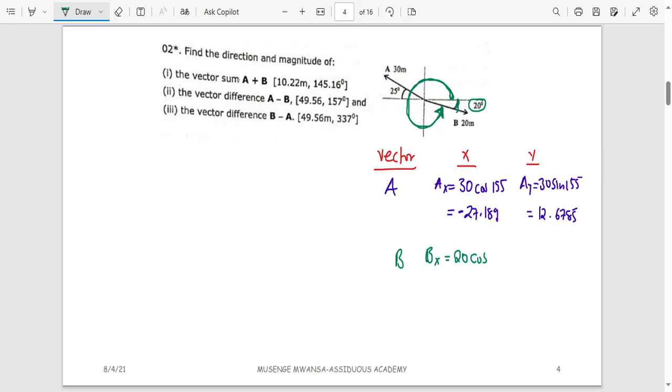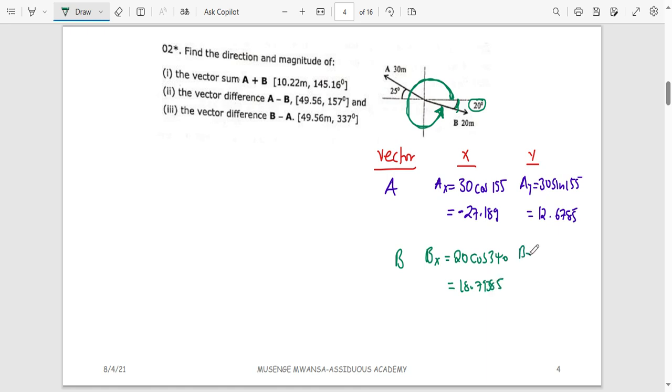Be free to open your mic and answer. Like you have a complete circle. They have given you that this gamma angle here is 20. How can you find the rest of the angle? Very good. So it will be 360 minus 20, and that will be 340. So that is going to be 20 cos 340, and that is going to give us 18.79385.